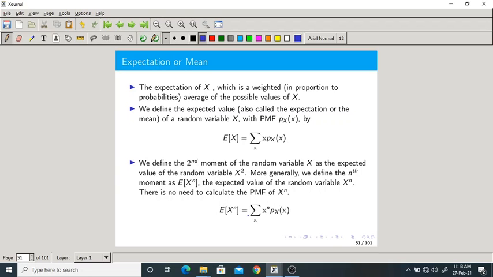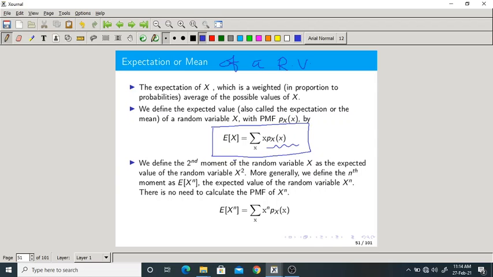So now we'll discuss something important. That is called expectation or mean of a random variable. Here, expectation of any random variable is defined in terms of its PMF. It is something like this. Expectation of x equal to summation over x into Px of x.